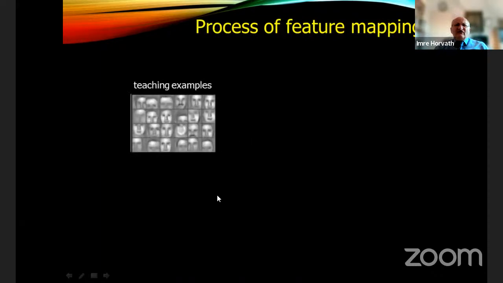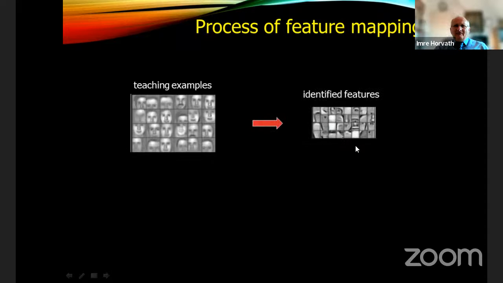The process of feature mapping is actually taking place in 4 steps. The first one is teaching with examples. The second is sorting and working up the identified features. Then the extracted feature details are recomposed.